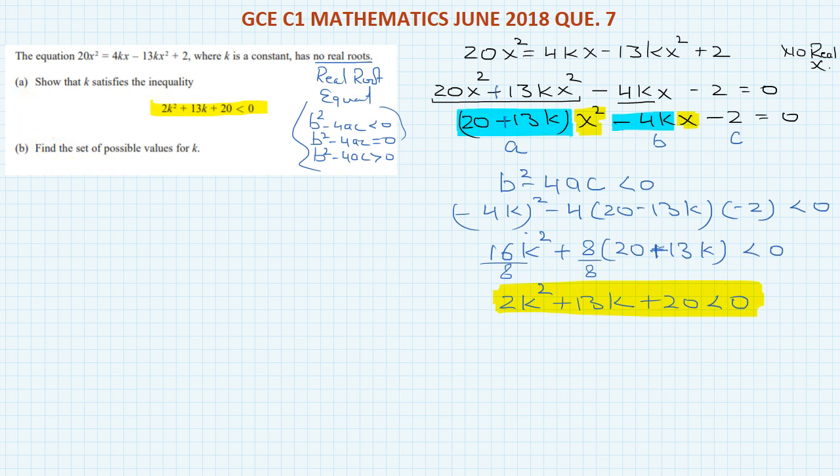Now we have to find the solution for this. So part B: we have 2k square plus 13k plus 20 is equal to 0.